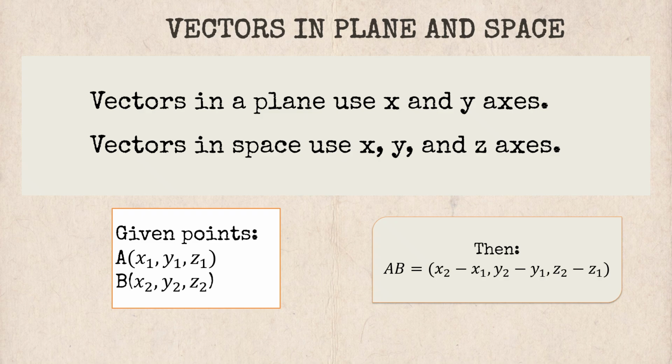Next is vector in plane and space. A vector in a plane uses the x and y axis. A vector in space uses the x, y, and z axis. If 2 points are given, we can determine the vector between 2 points.